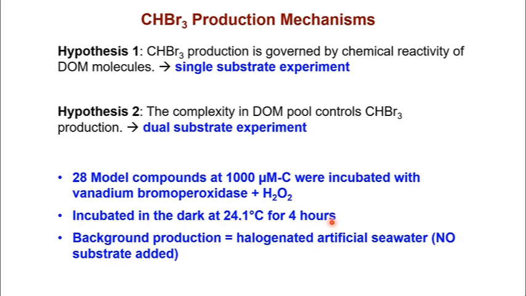In the subsequent plots I'm going to show you, there will be a set of data that looks like a gray bar. That will be background production, because whatever exists in artificial seawater, since the salt absorbed organic matter from the surroundings, is not entirely organic carbon free, and also produces bromoform.